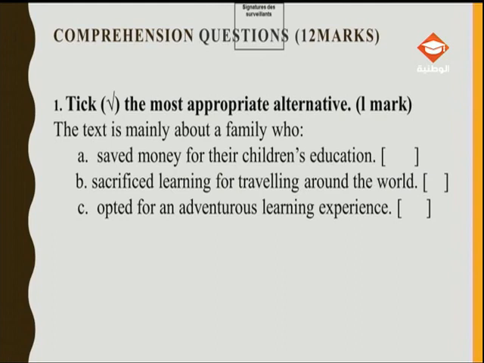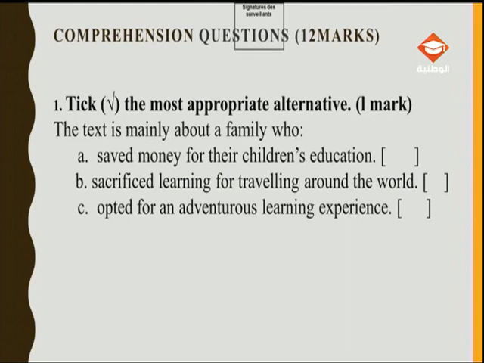As you can see, the first question was to tick the most appropriate alternative. The text is mainly about a family who saved money for their children's education, sacrificed learning for traveling around the world, or opted for an adventurous learning experience. For this type of question, there are always two possible options, and you have to really think about which one is most suitable to the text.